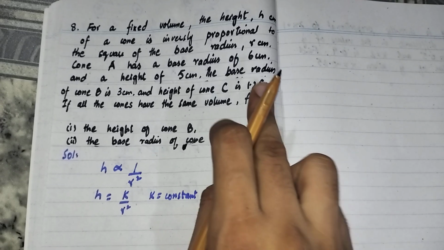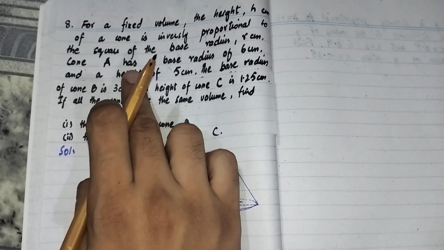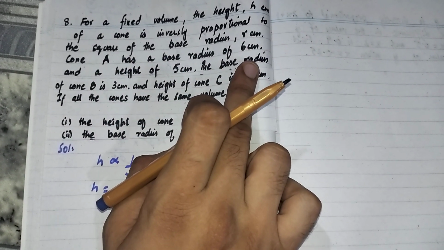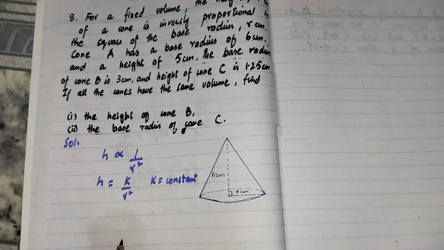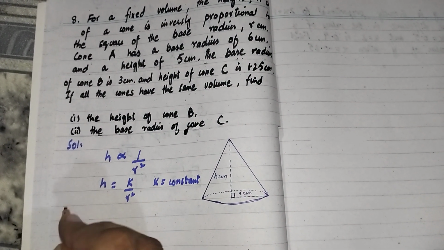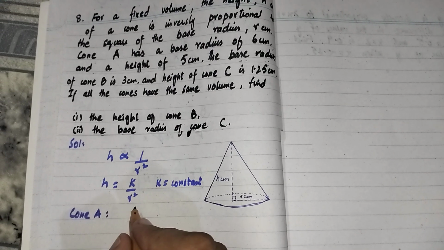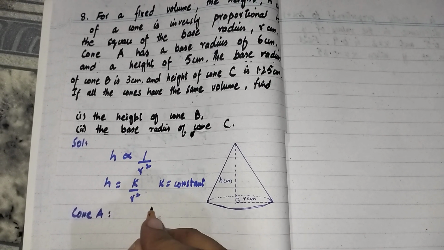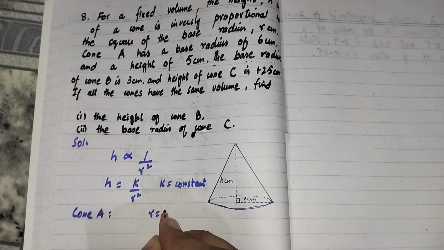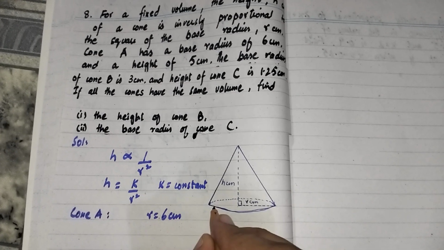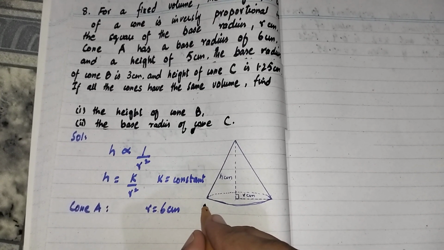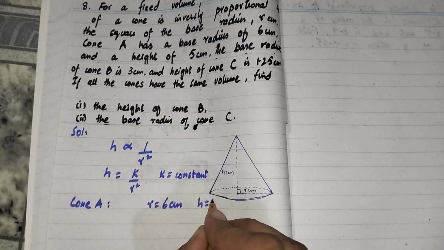Next they are saying that cone A has a base of radius 6 and a height of 5 centimeter. For the cone A, the given information is that the base radius is 6 centimeter and the height is 5 centimeter.